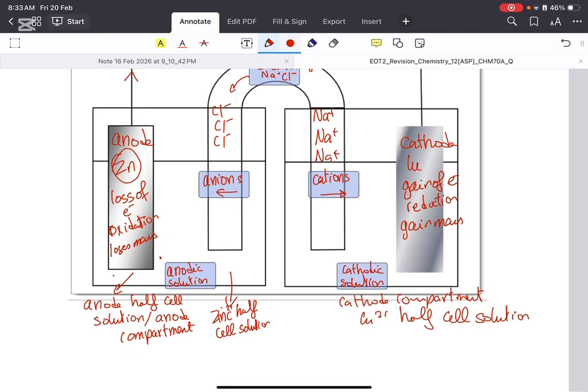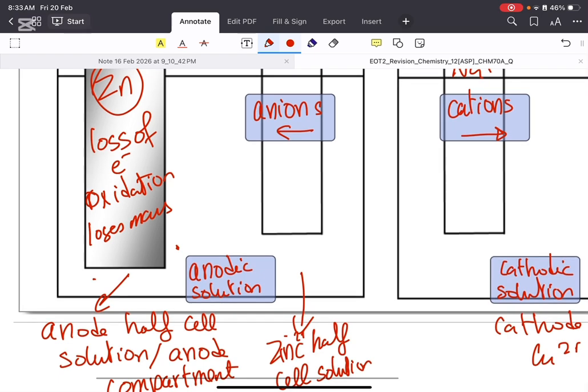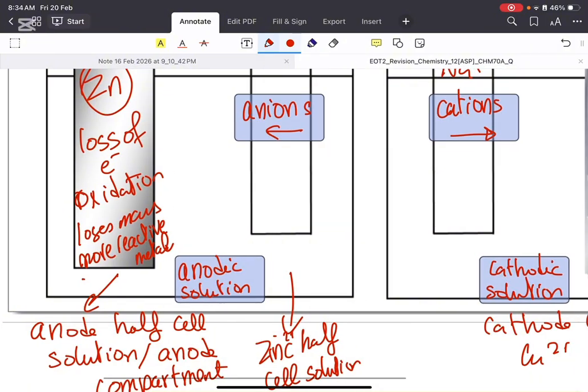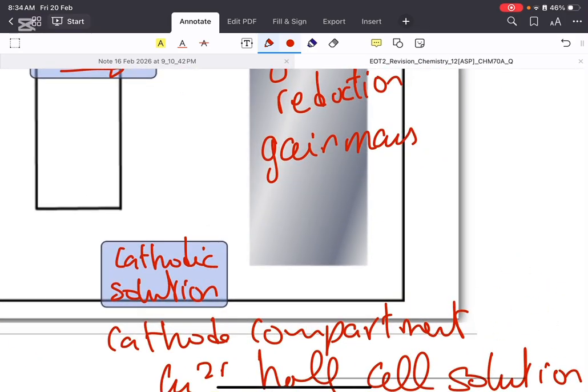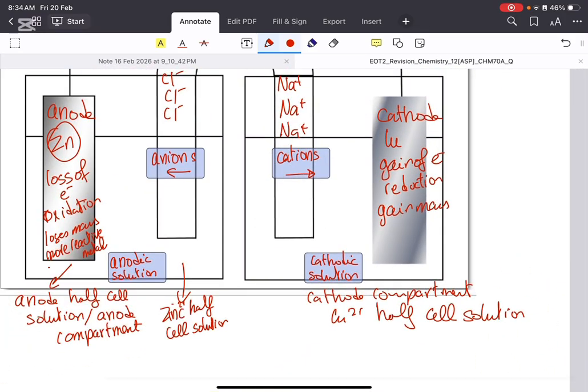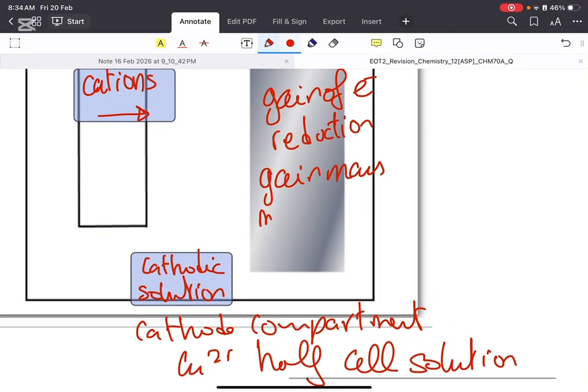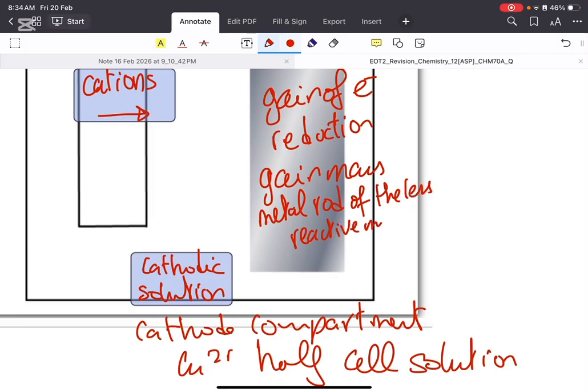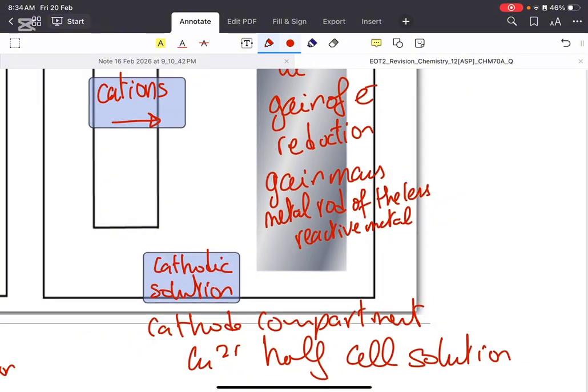Now about the reactivity, in this case, the zinc is going to be more reactive. This is the metal rod of the more reactive metal, because it's the one that's going to get oxidized. And here the copper, or whatever metal at the cathode we have, is the metal rod of the less reactive metal that is going to undergo a reduction.